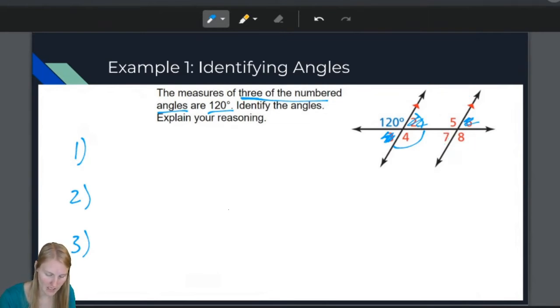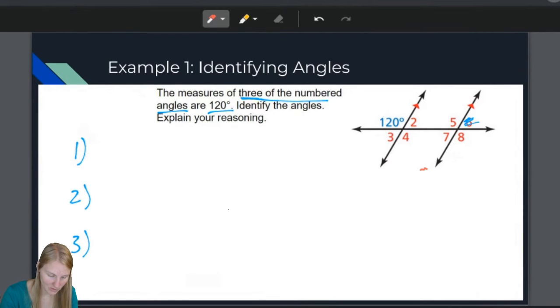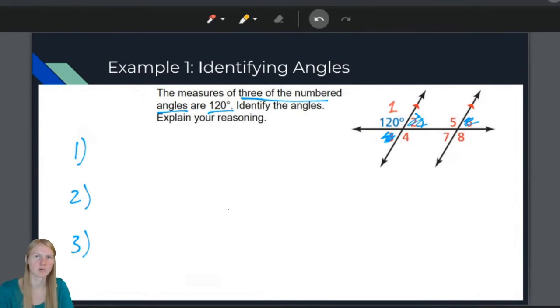And the step further is, let me look at these one by one. I'll color code. Angle 4 is a vertical angle with the 120 degree angle, right? 2 intersecting lines right here, and they are on opposite sides. Let's call this angle 1, the one that's 120 degrees.